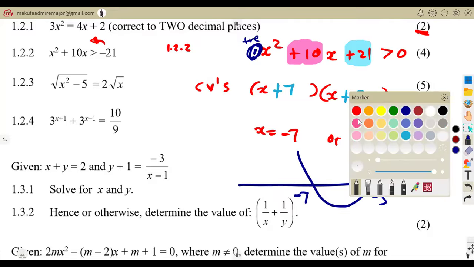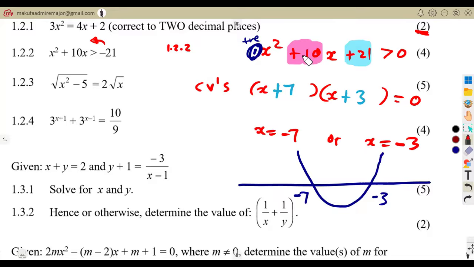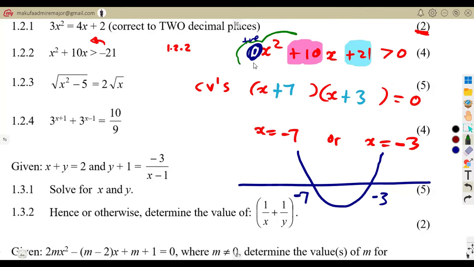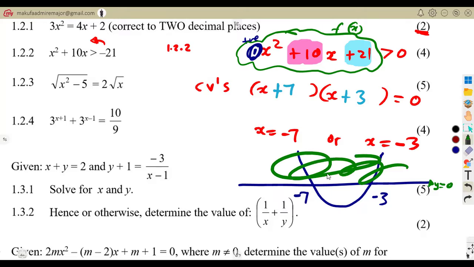So where are we going to consider the solutions? Where the value of this function that we are given here is greater than 0. This function is greater than 0, that means it is above the x-axis. Remember, on the x-axis, that's where y is equal to 0, but we need above, that's on top.